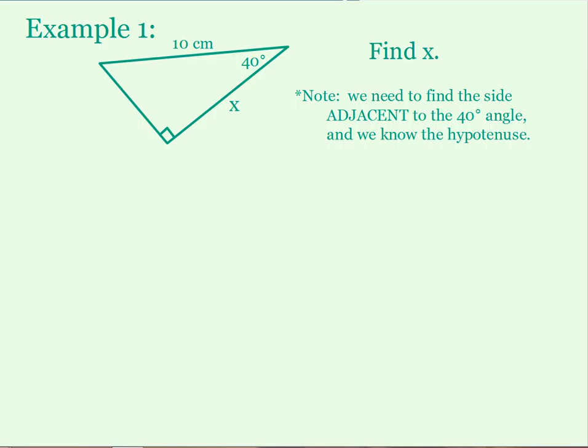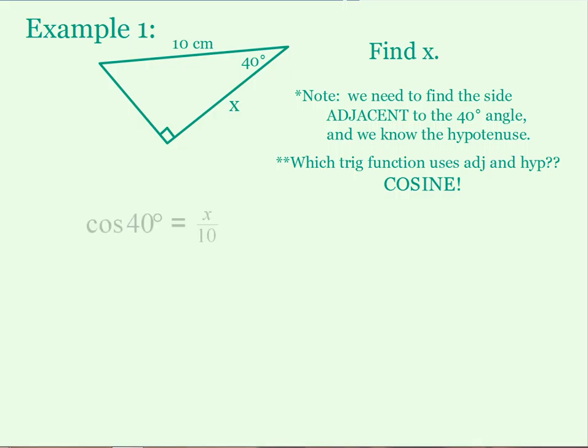Which trig function uses adjacent and hypotenuse? That would be the cosine function. So we're going to use cosine to set up a little equation. The cosine of that 40-degree angle is x over 10. This is the equation that's going to help me find x.